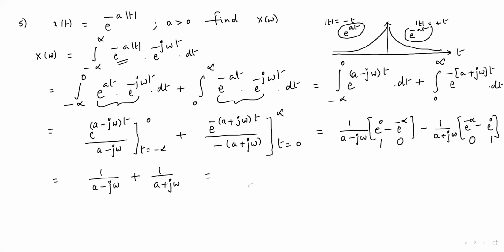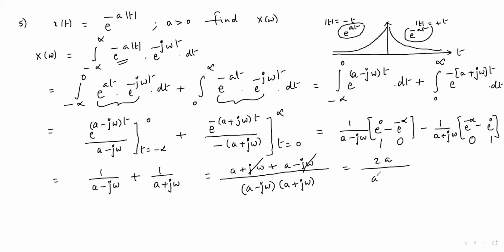Further, we can cross multiply the terms: the denominator is a minus j omega times a plus j omega, and the numerator is a plus j omega plus a minus j omega. Any cancellations? The j omega term cancels. It is 2a divided by a square plus omega square, since j square is equal to minus 1.